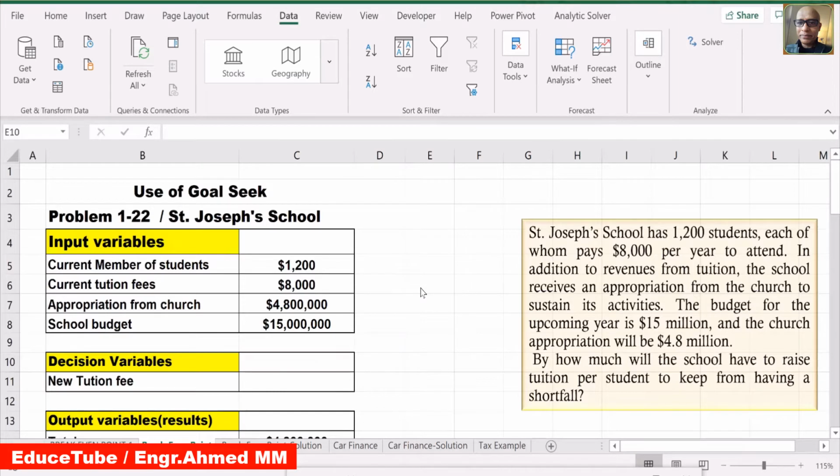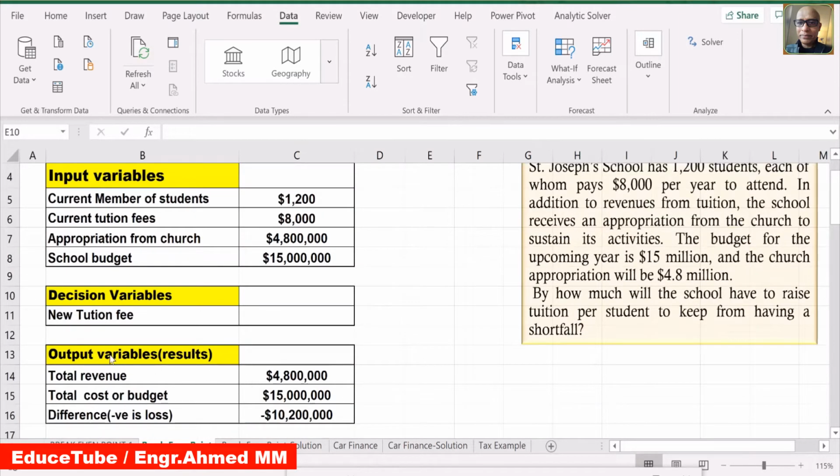Using these output variables, we can create some values here using Excel formulas. Using formulas, we have to find the values of total revenue, total cost, and difference.